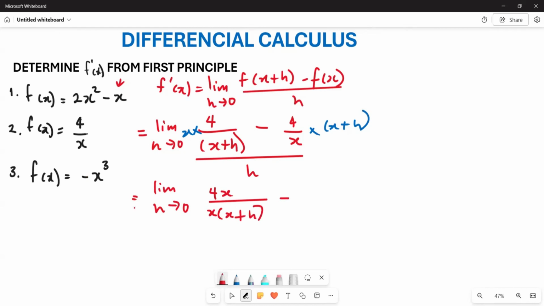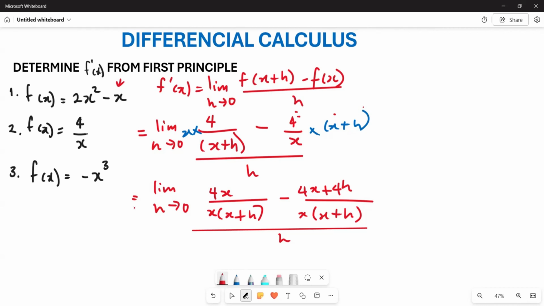Subtract, this is the same as also 4 multiplied by x plus h, so it's going to be 4x plus 4h. Remember, because it's the same as 4 multiplied by x and 4 multiplied by h, right? So this is going to be over again x plus h. And everything here over my h.